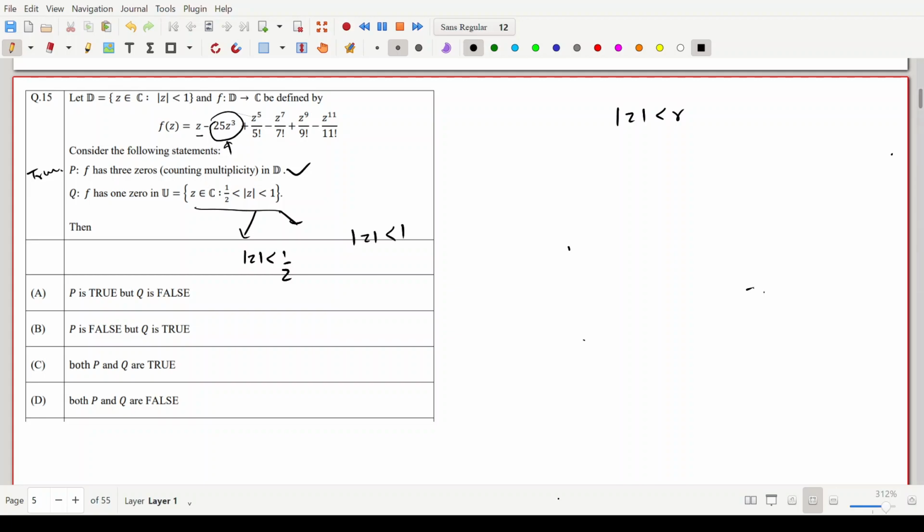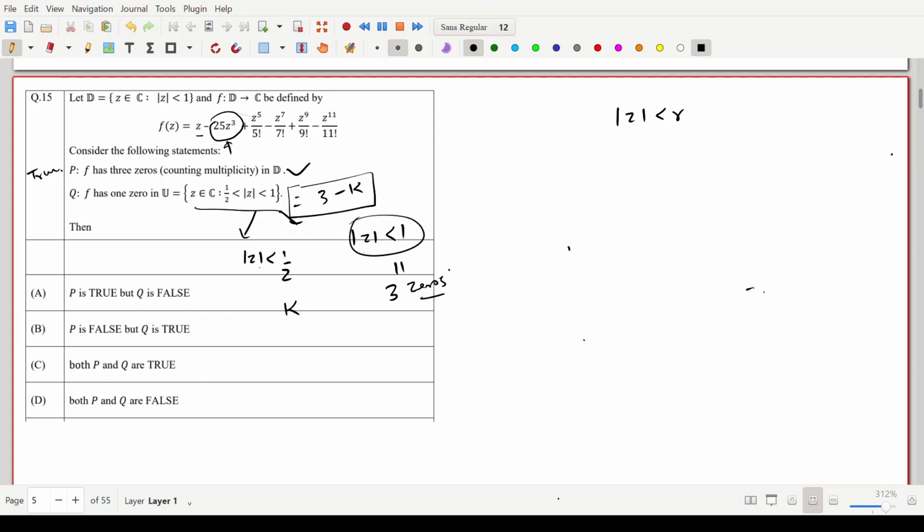So I already know that the number of roots for mod z less than 1 is three zeros. And I just have to find if mod z is less than half, then how many zeros are there, say k. Because mod z less than 1 contains this also, if I subtract this, the answer should be 3 minus k.